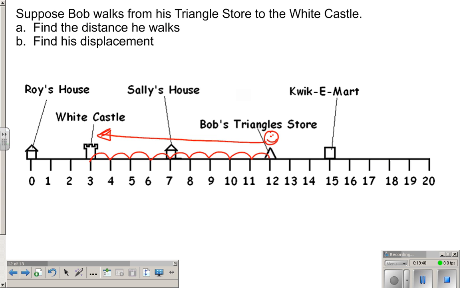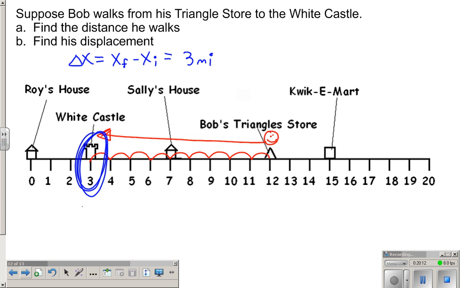Remember I told you the symbol for displacement was triangle X? Well, the triangle means change in, and anytime you're trying to find change in something, it's always final minus initial. So in this problem, what is Bob's final position? It's 3 miles, right?